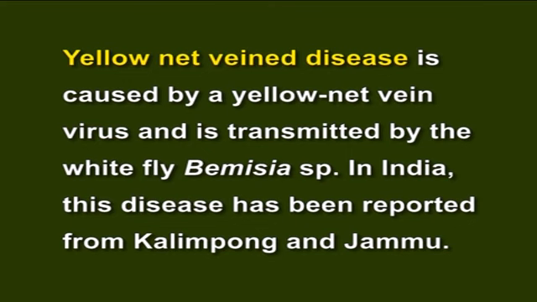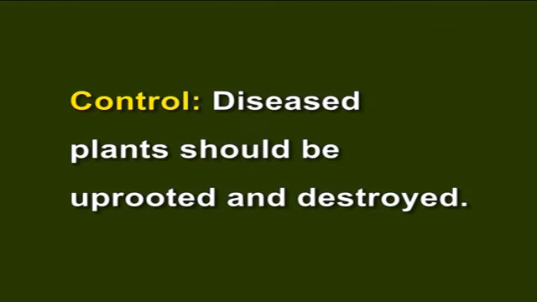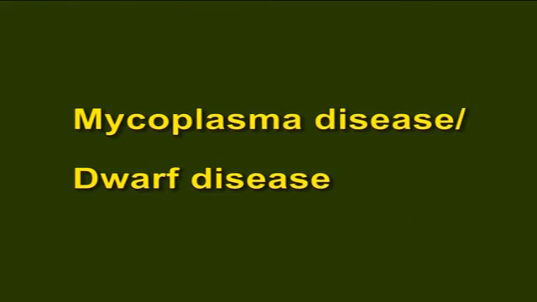Yellow net vein disease is caused by a yellow net vein virus and is transmitted by the whitefly Bemisia species. In India, this disease has been reported from Kalimpong and Jammu. Control: diseased plants should be uprooted and destroyed.